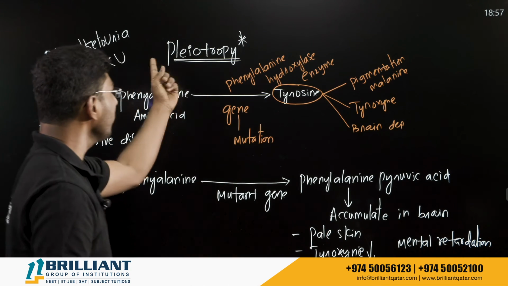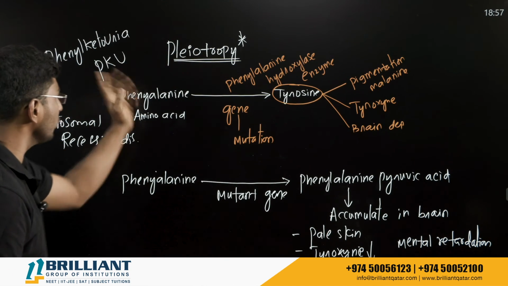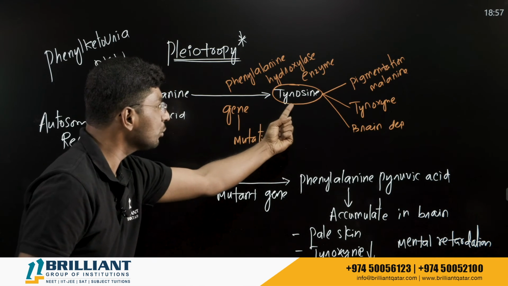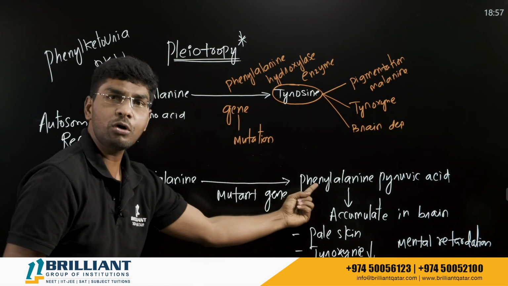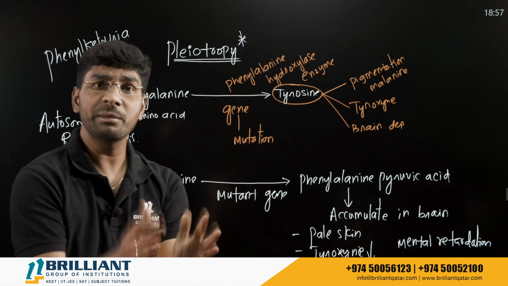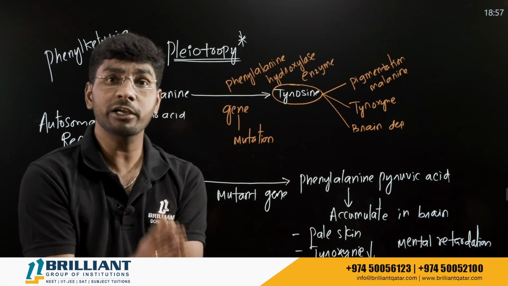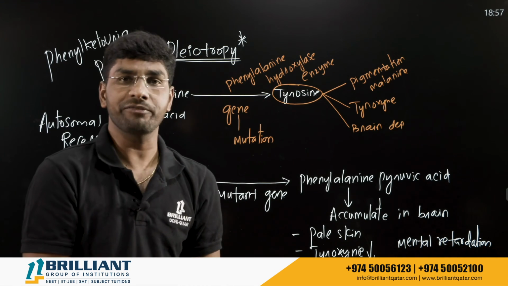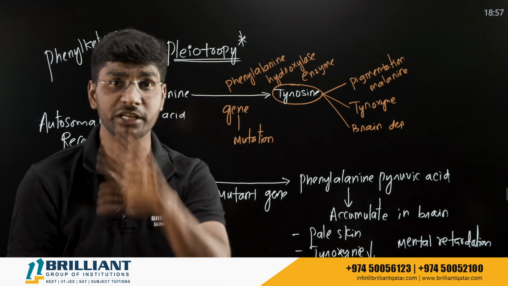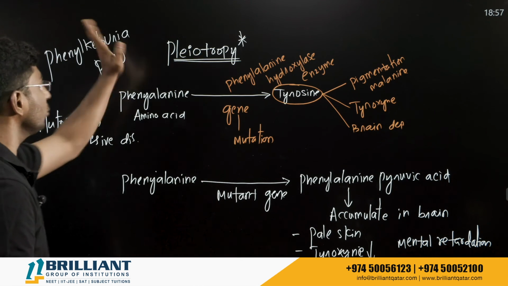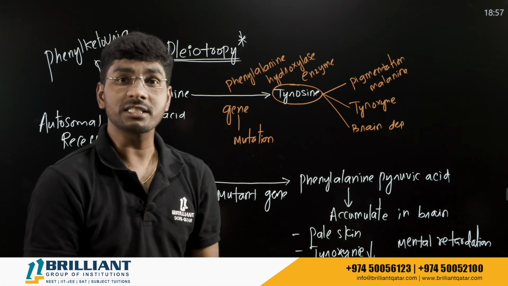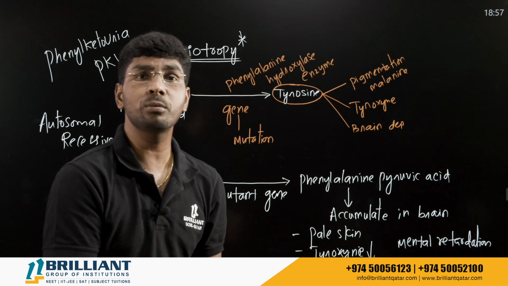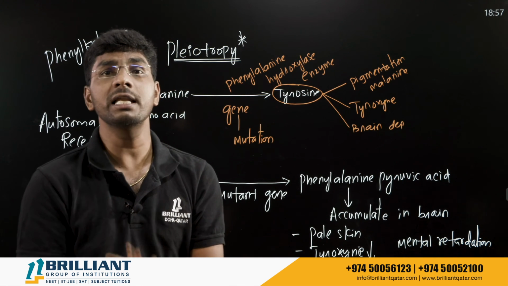That condition is called pleiotropy. The example is phenylketonuria. Phenylalanine will not convert into tyrosine. Phenylalanine converts into phenylalanine pyruvic acid. It will accumulate and be deposited in the brain to cause different effects. That disorder is known as phenylketonuria. I hope you understand, and this question asks for 2 marks, and is also asked for NEET-like competitive purposes.